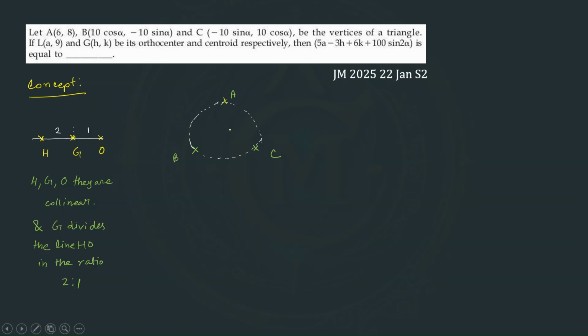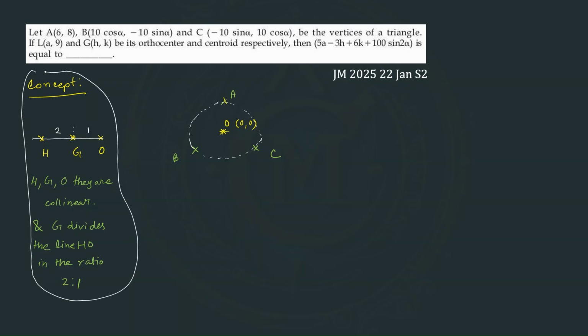Now what is the significance of this observation? As this circle x square plus y square equal to 100 is passing through all the three vertices of this triangle, the center of this circle will be the circumcenter of triangle ABC. So the circumcenter has coordinates (0, 0). That means we know the coordinates of this circumcenter.